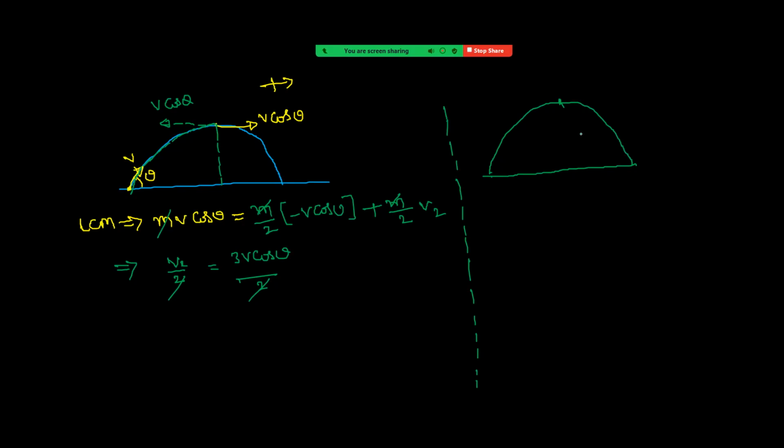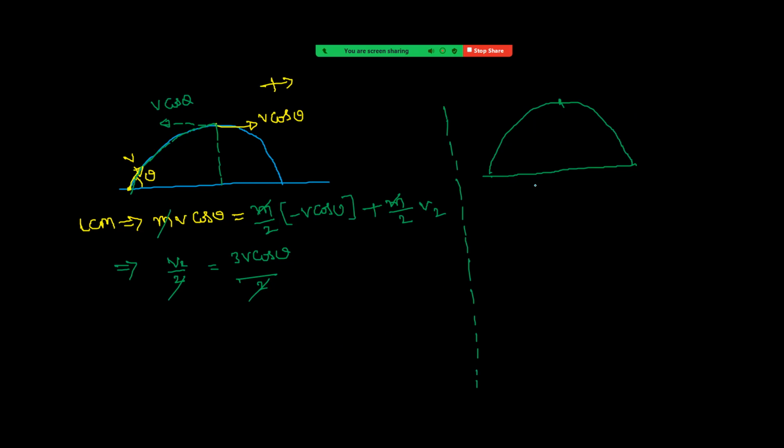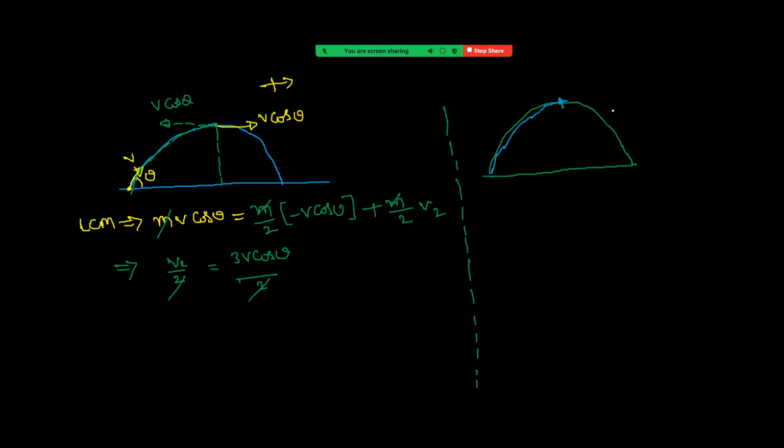So here what happens is, after explosion, one fragment is retracing the path. It comes like this, retracing the path. The center of mass follows the same parabolic path, with no change in that.